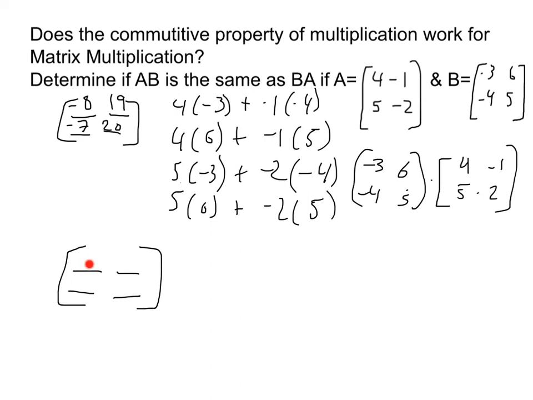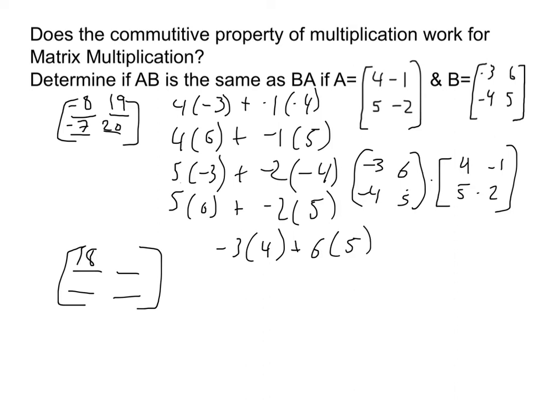So if I'm looking for first row, first column, that's first row times first column, so that's negative 3 times 4 plus 6 times 5. Negative 3 times 4 is negative 12 plus 30 is 18. Well, that's already different, right?